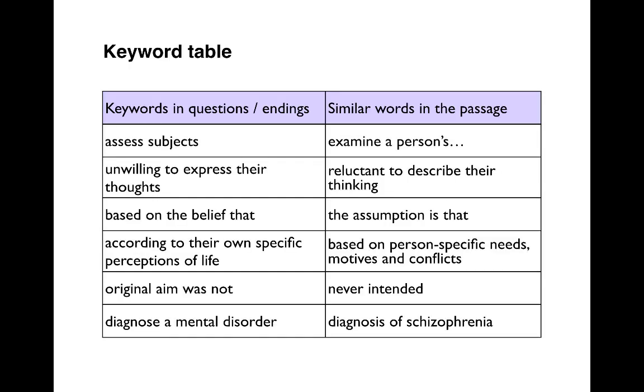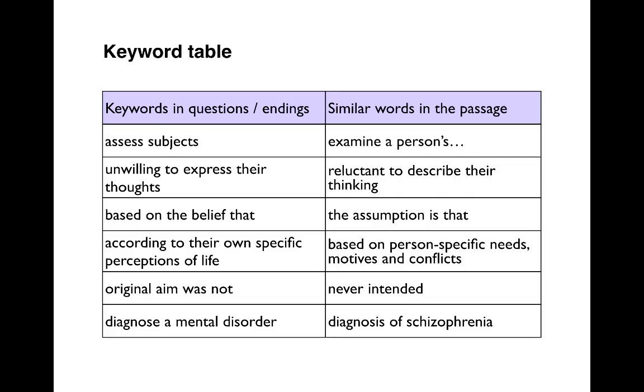Assess subjects, examiner persons, unwilling to express their thoughts, reluctant to describe their thinking, based on the belief that, the assumption is that, according to their own specific perceptions of life, based on person-specific needs, motives and conflicts. Original aim was not, never intended, diagnose a mental disorder, diagnosis of schizophrenia. As usual, we find the answers by matching the keywords. The similar vocabulary in the questions and in the passage is what gets us those answers.